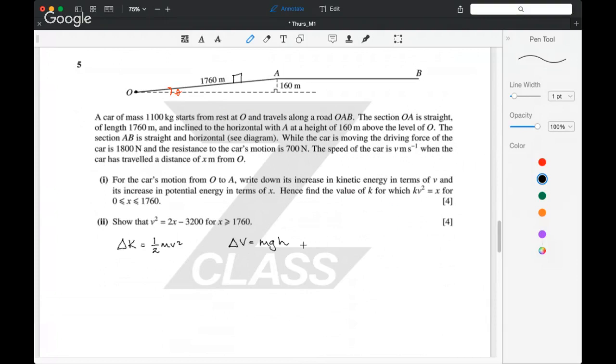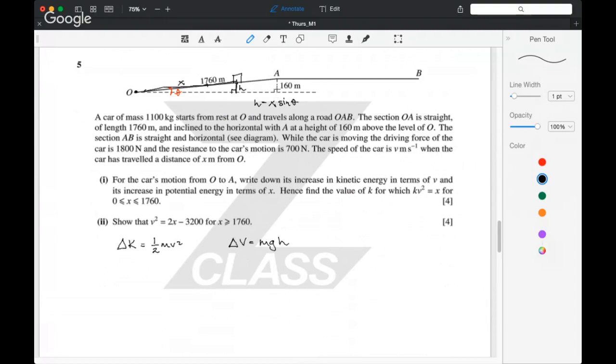And we are not told h, but we're told that it's traveled x along the ramp. So up there. So this is x. Well, if this is h, then we have that h is equal to x sine theta.